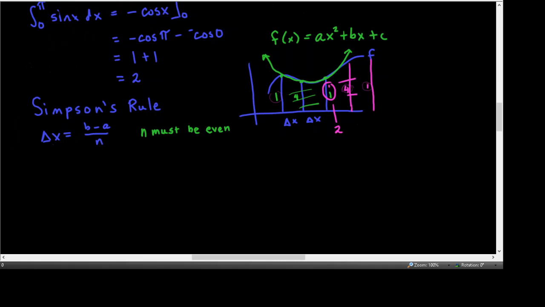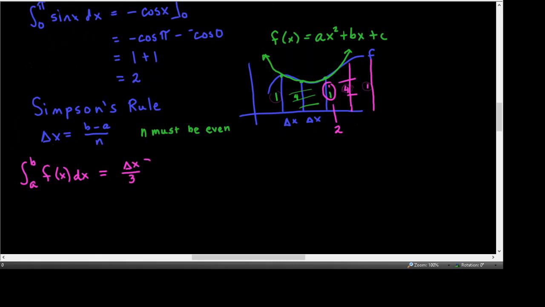So this is Simpson's Rule right here. If we need to approximate the definite integral of f of x from x equals a to x equals b, especially if we do not know its antiderivative or how to find it at all, then this will be delta x over 3. If you went through the theory of it, you would figure out where that 3 came from, but I'm not that worried about it. This is just memorize it.